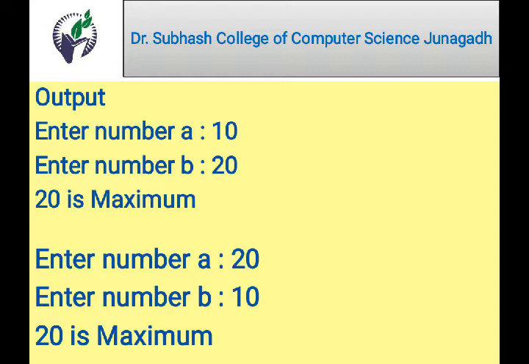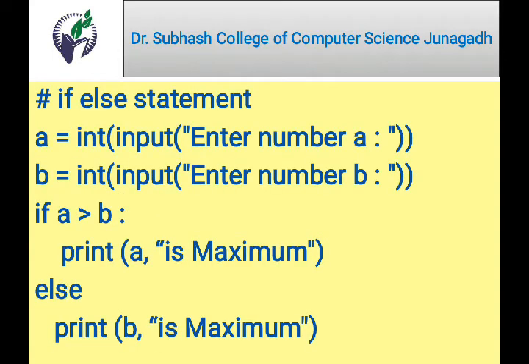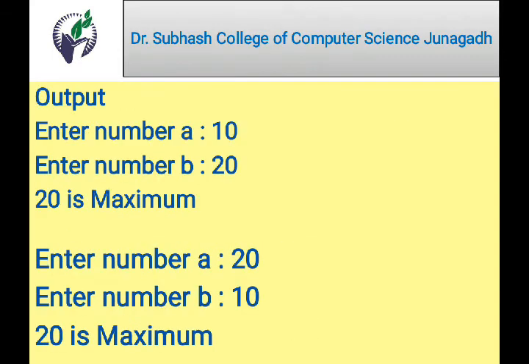Enter number A 20, B 10: 20 greater than 10, yes, so the if part is executed and A is maximum. In either case it will always print the maximum.